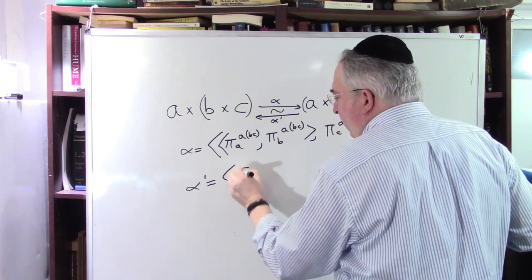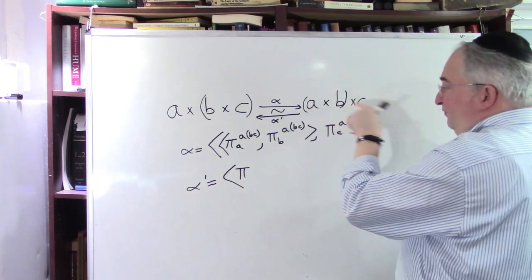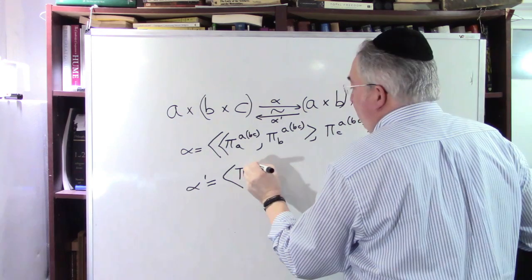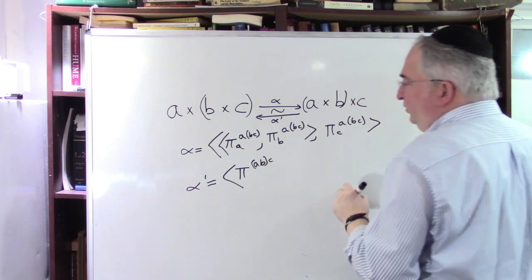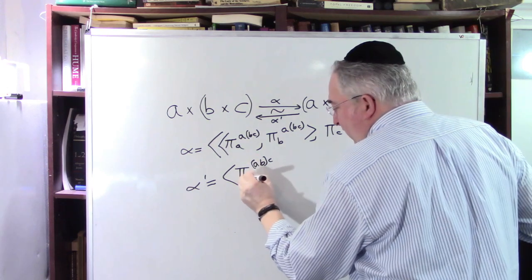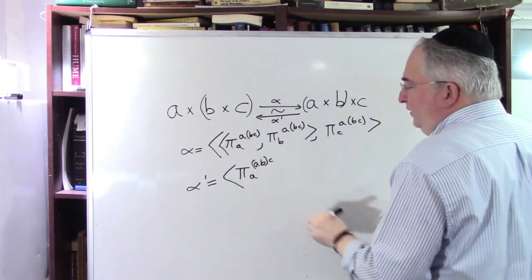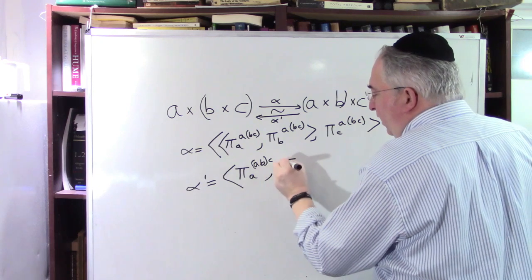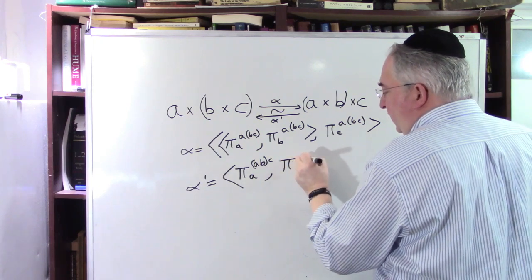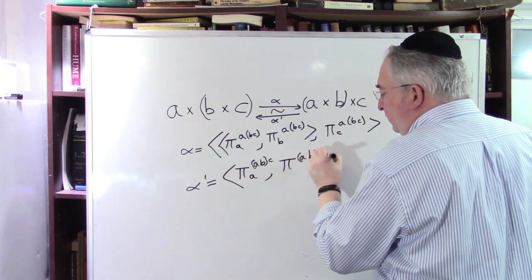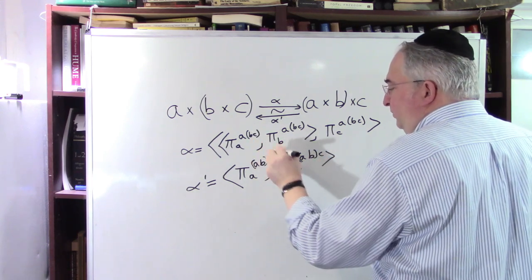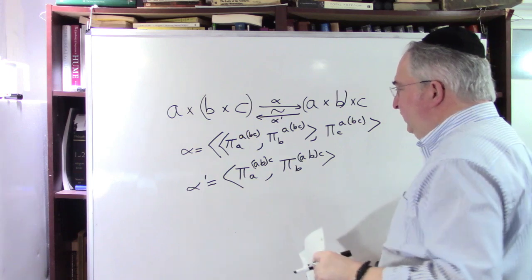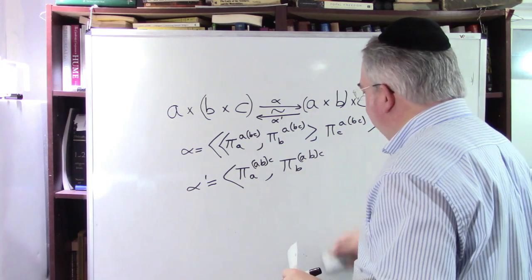Okay, and so it goes as follows. This is going to be pi. This is going to take something from here, so that's A, B with a C afterwards. And you're going to output A, comma, pi, A, B with a C afterwards, and output B. Sorry, no, that's wrong.